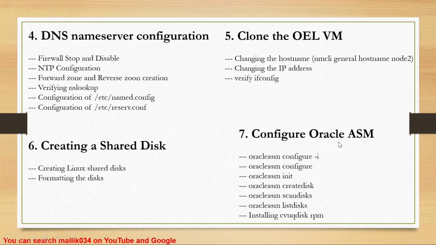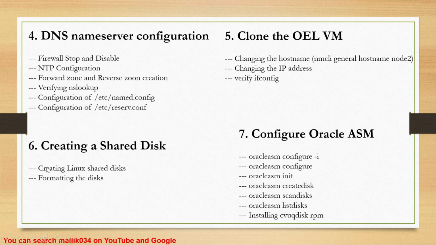And configuring Oracle ASM. Once your shared disks are created and you did the format of those shared disks, you can use oracleasm configure -i to configure your Oracle ASM, and load your Oracle ASM using oracleasm init. And you can create your ASM disks on top of your Linux disks.